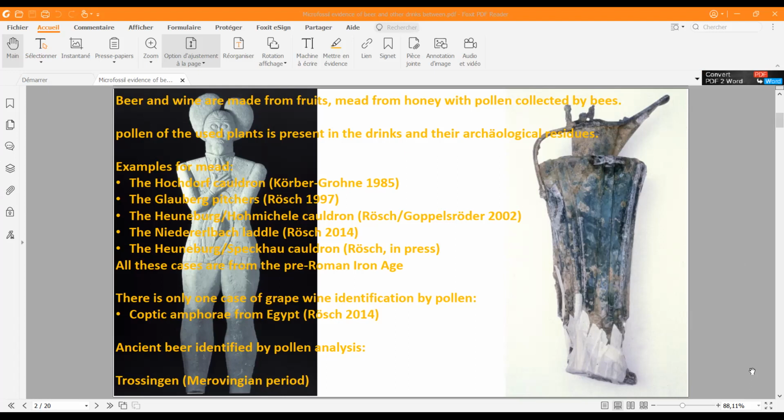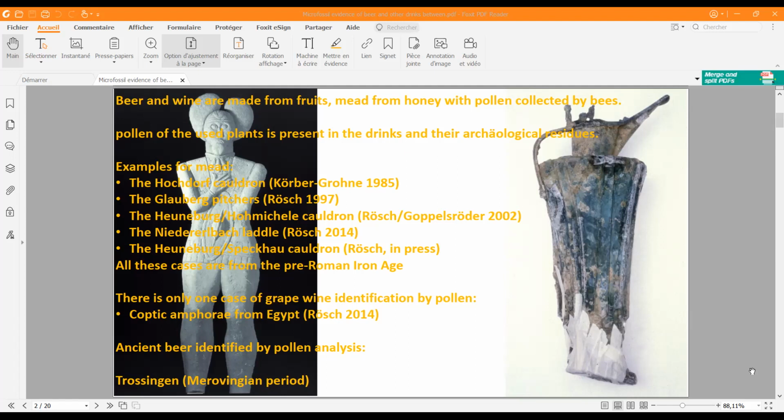And in all stages, on the plants, there was a lot of pollen of wine. And this means you can perhaps detect that there was wine inside.